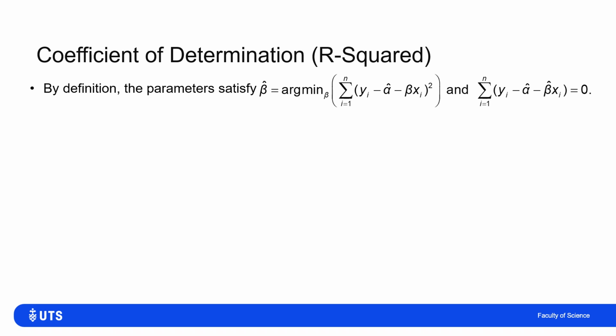But I know that the parameters have to satisfy that beta hat minimizes this sum of squared residuals, and that the sum of the residuals is 0.